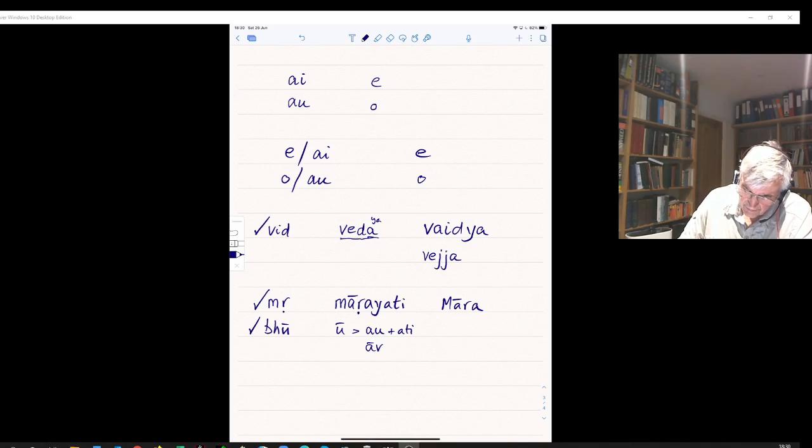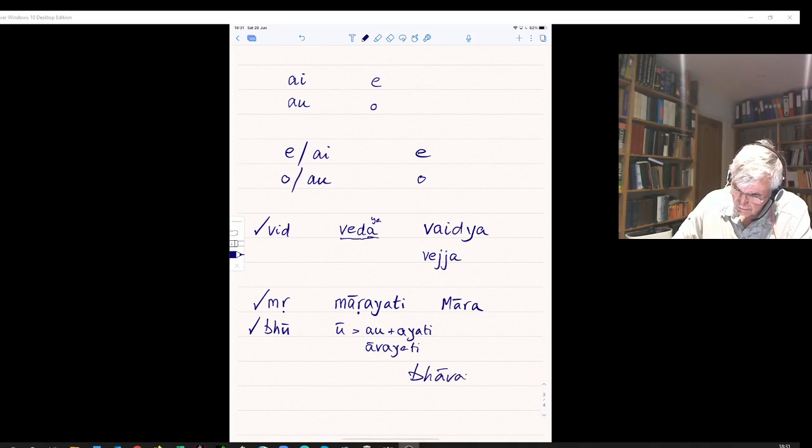Sorry, ayati I meant to write. It applies to any vowel. So au plus ayati becomes avayati. So where we have in Sanskrit bhavayati, in Pali, bhaveti.